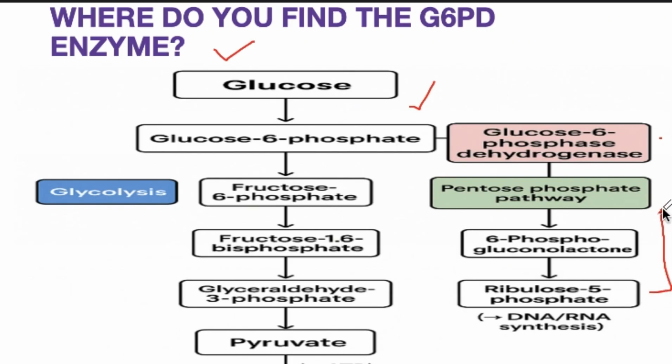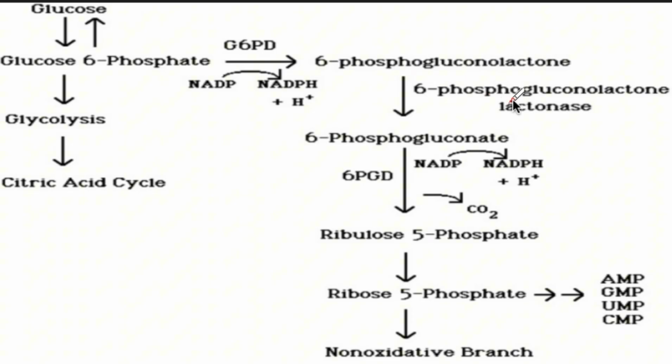Looking at this illustration, we find the G6PD enzyme here. We are able to make a deduction that the G6PD enzyme helps you take a shunt or a switch from the glycolytic pathway to the hexose monophosphate pathway.